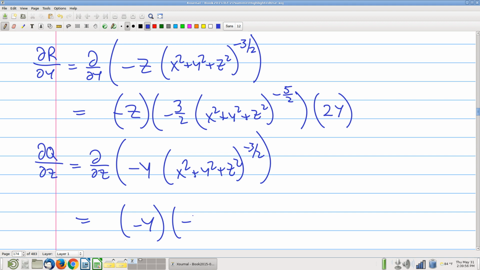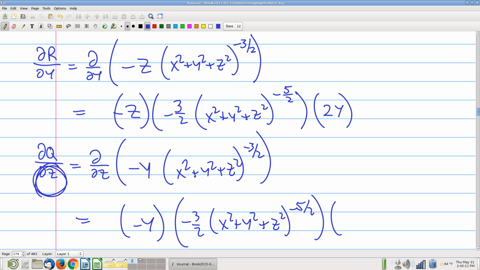Then we're going to have negative 3/2, all this business, to the negative 5/2. And then again, chain rule. Now we're taking the derivative with respect to z of the inside, and so we get 2z.